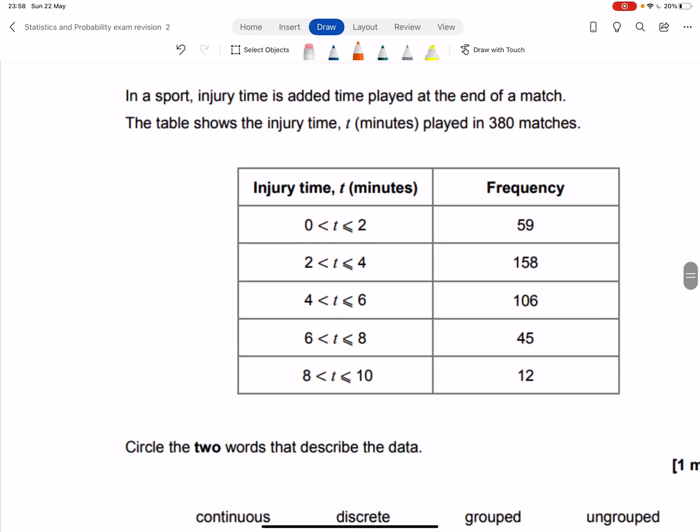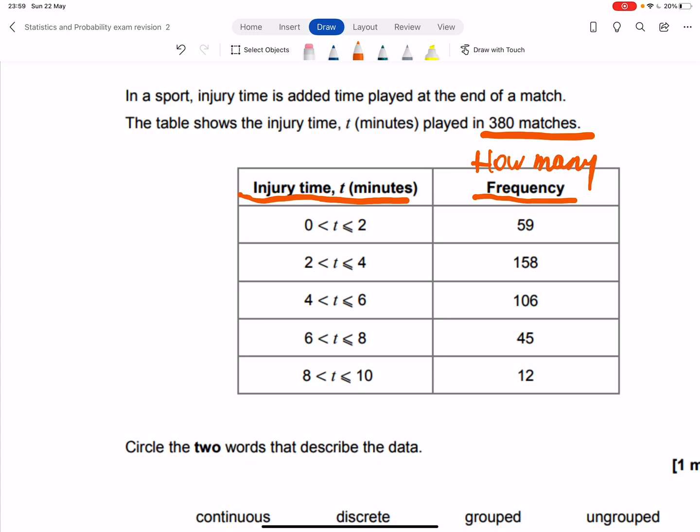Next question. In a sport, injury time is added time played at the end of a match. The table shows the injury time, T minutes, played in 380 matches. The first column here shows injury time in minutes and the second, frequency. So please remember, frequency means how many of something we have.